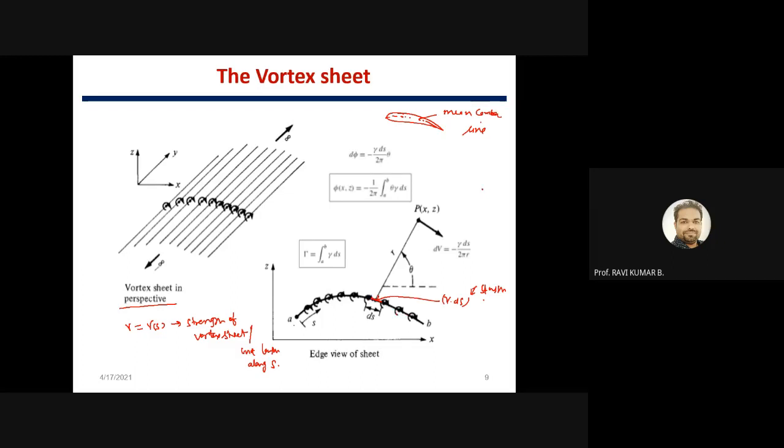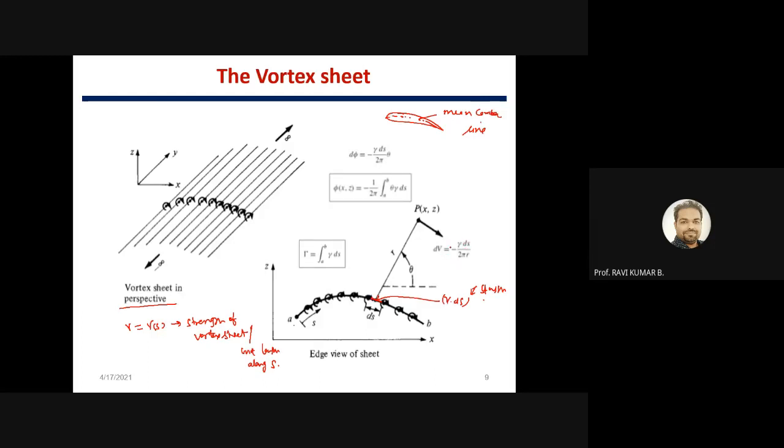Now we have considered a point at a radial distance r perpendicular to this distance, and we are going to find out the net circulation acting over this point. So the small induced velocity over this point will be given by gamma upon 2 pi r, because we know that for circular streamlines it is the tangential velocity.